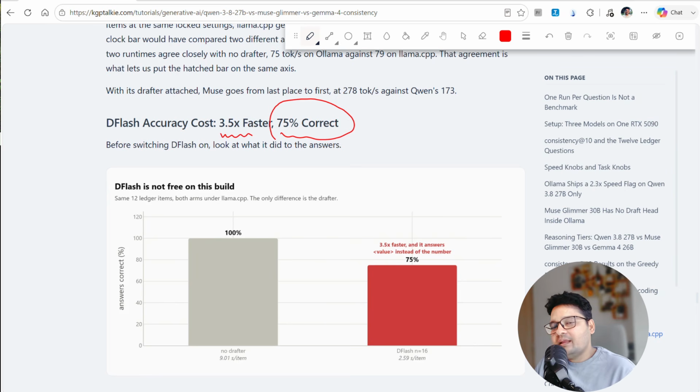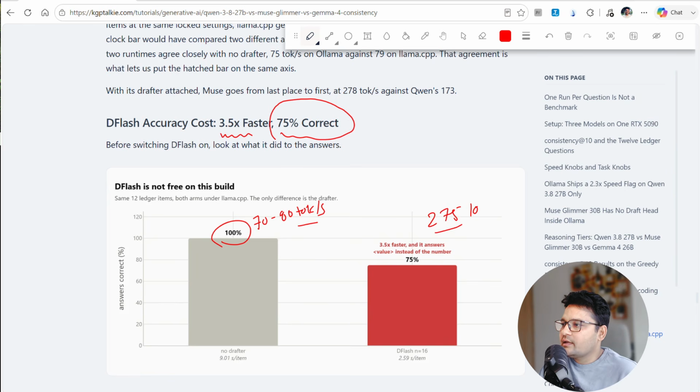DFlash gives us the speed, but the accuracy is not that good. When the token speed is generally 70 to 80 tokens per second, Meta's Muse Glimmer was giving us a 100% accurate result. But when we set DFlash, it gave us a very high speed, like 275 tokens per second, but the accuracy was just 75%.